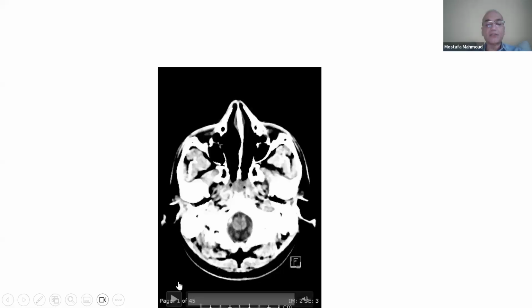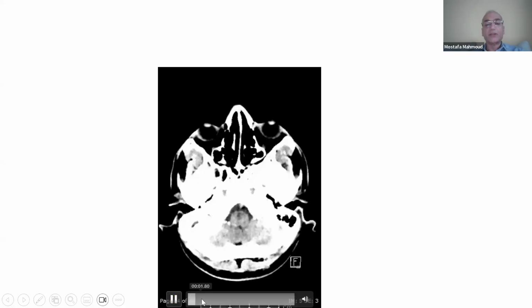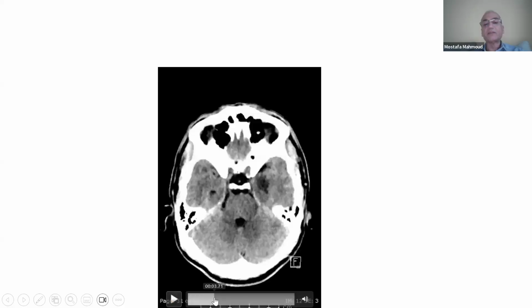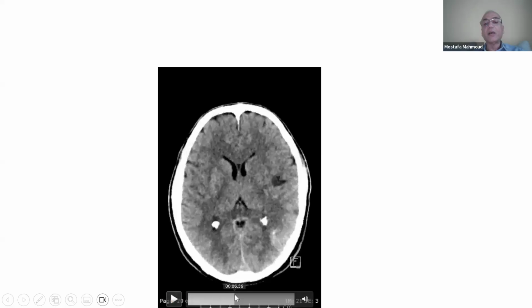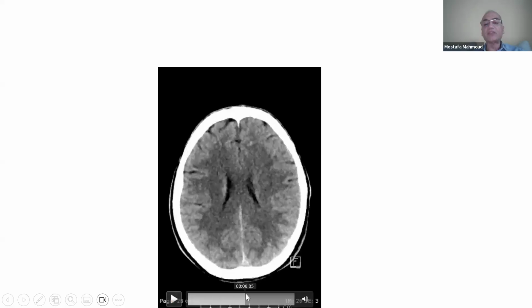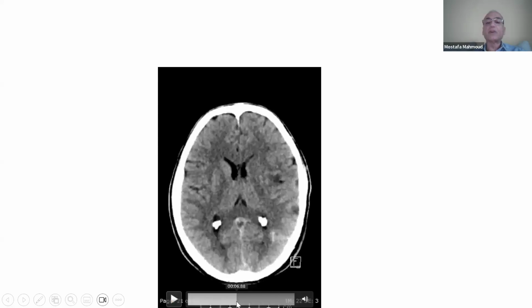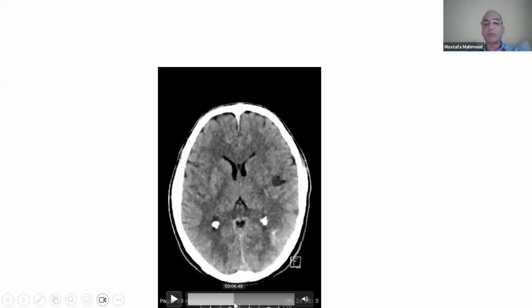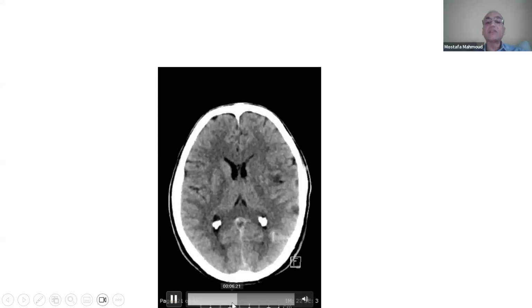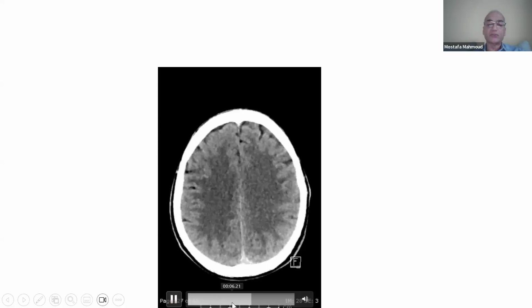And here is a 24 hours follow-up CT. Obviously, most of the MCA territory has been saved, apart from the initially present infarcted tissues.